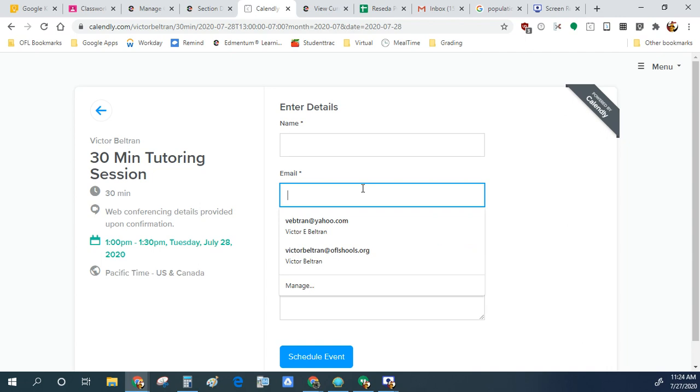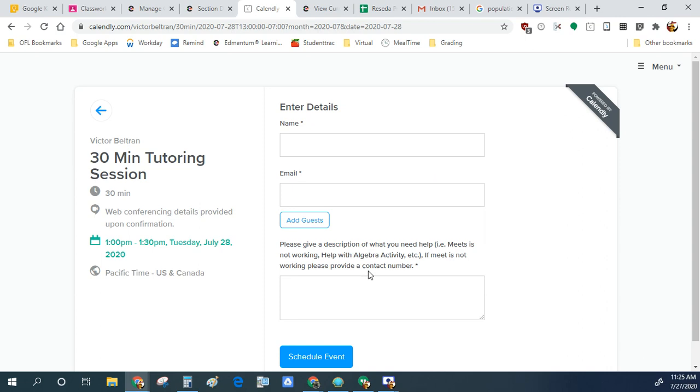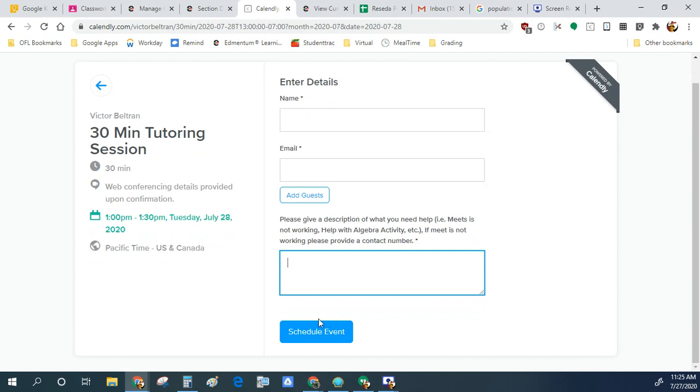Write your school email. Before, I wasn't able to share my screen with student emails. I think they fixed that now. And give me a reason why you're making an appointment, and then just schedule the event and I'll book it.